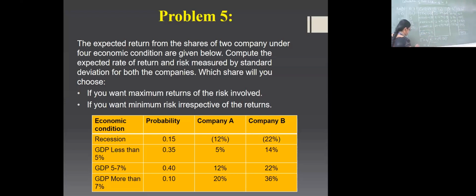So your variance is 82.34 and your standard deviation is 9.074%. Similarly do it for company B also. Your variance is 82.34 or 82.35 if you have rounded off, and your standard deviation is 9.074.